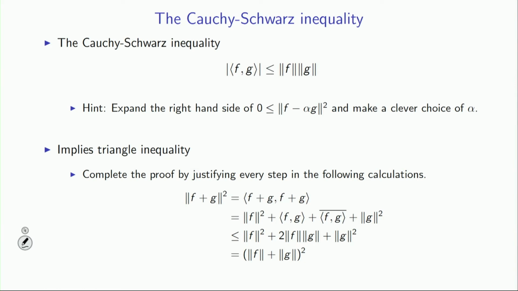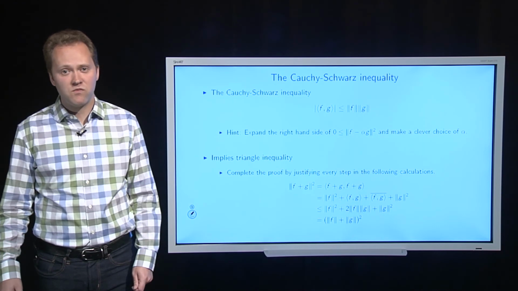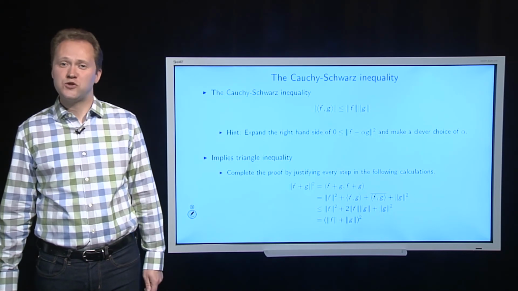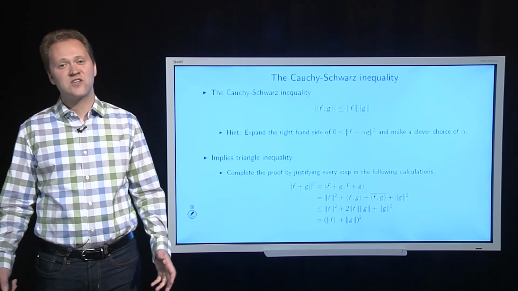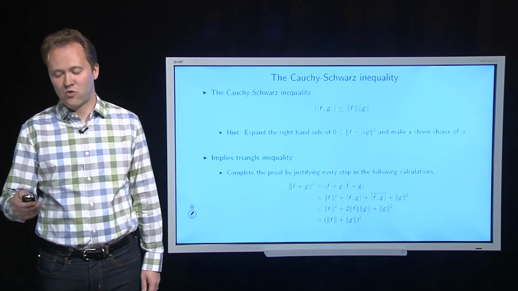We end up with the second line here, which I claim can then be bounded using the Cauchy-Schwarz inequality. Now, how did I do that? Make sure that you got everything covered there. In the last line, we just see that we have a magnitude squared, something squared, and we can take square roots, and out comes the triangle inequality.